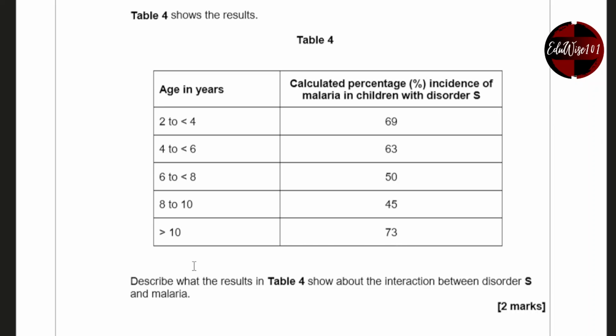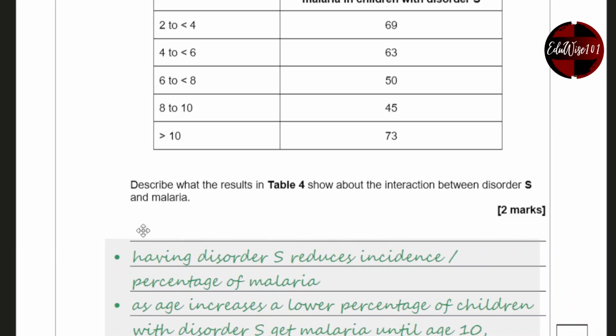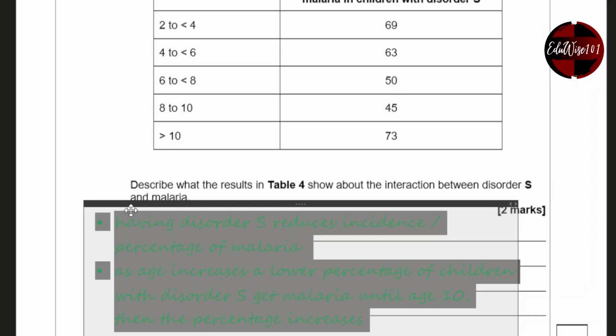So describe what the results in table 4 show about the interaction between disorder S and malaria. So these are the percentages of kids who have malaria. So those with disorder S... so here's a typical answer.